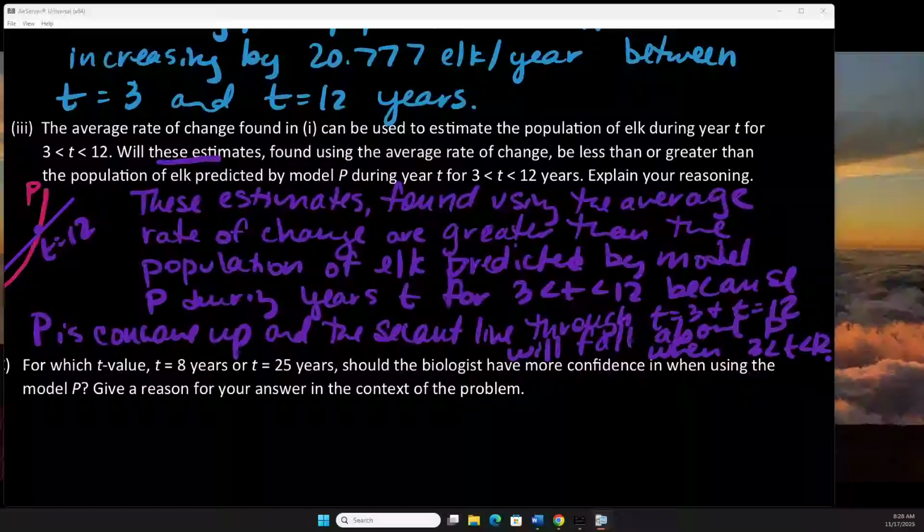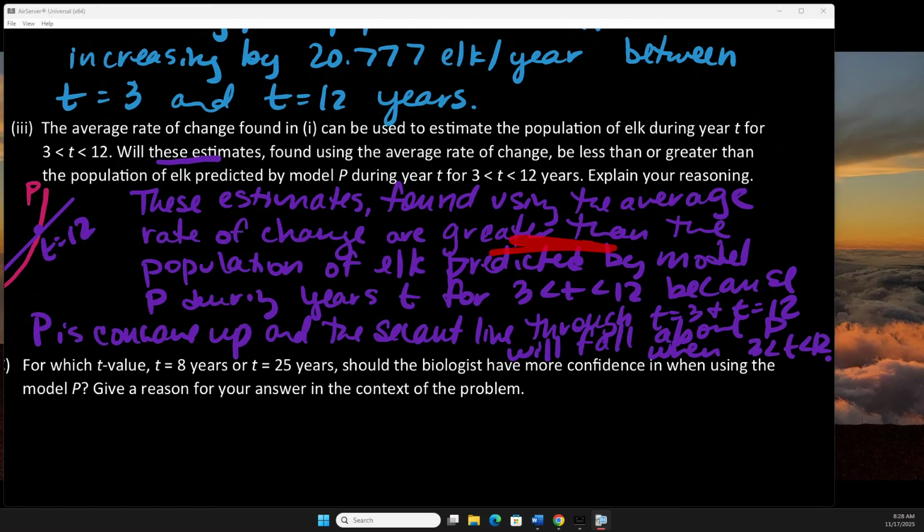All right, so this first part where I'm just quoting the problem is just answering the question, greater than. And then the second part gives your explanation, which has to involve concave up and secant line in this situation.